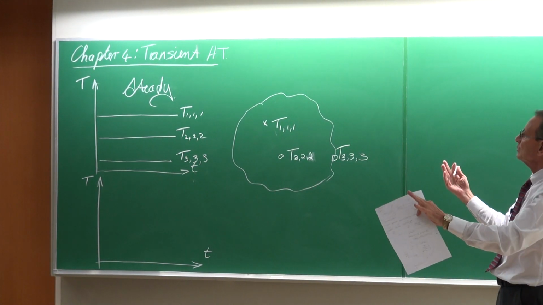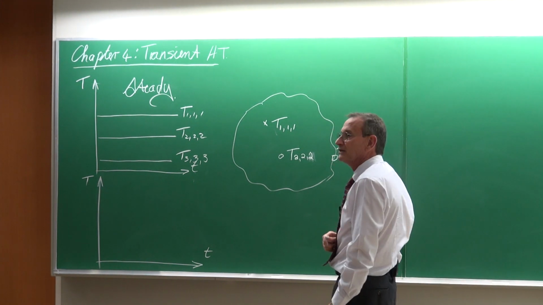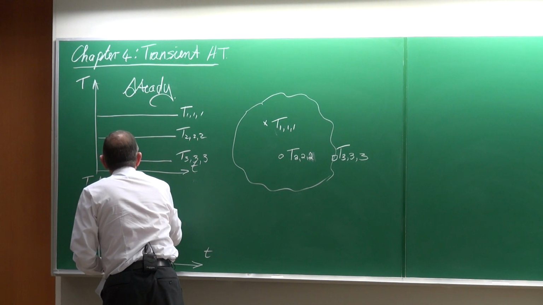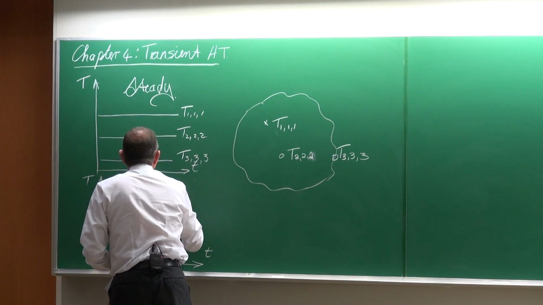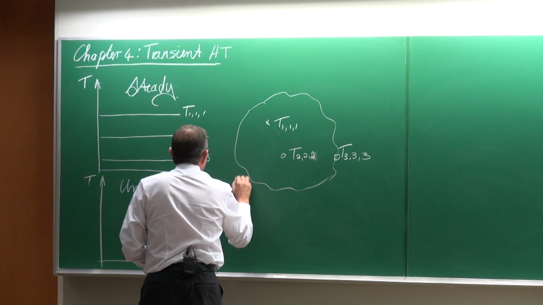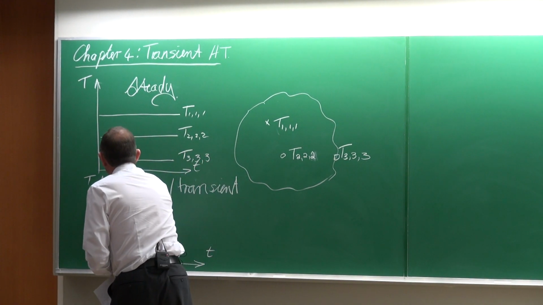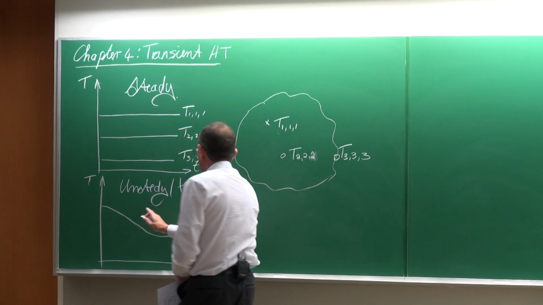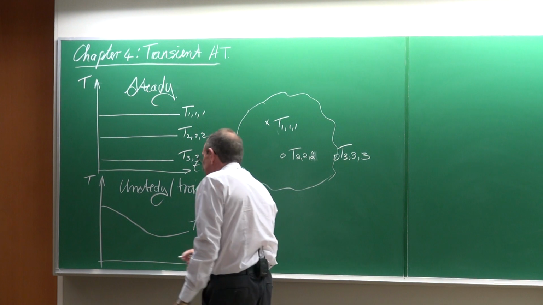And therefore, it would be known as steady heat transfer. Unsteady or transient heat transfer would be where those temperatures may be doing something like that, so it changes as a function of time.